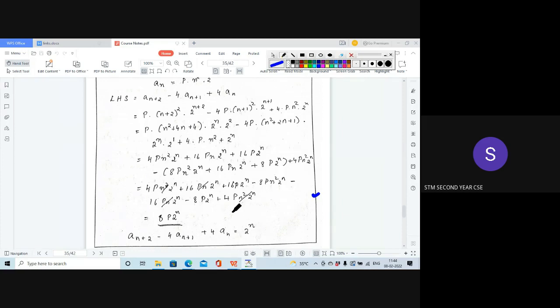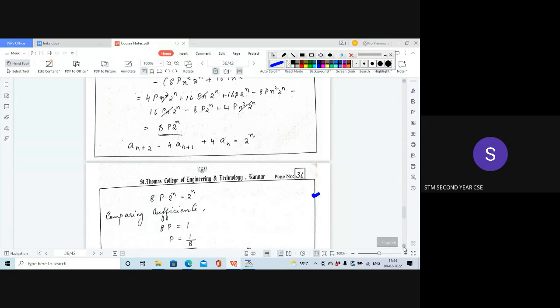Is it clear? So when you solve, try to solve it and finally get this answer. Then you will get LHS as 8p 2 raised to n, and your RHS is already 2 raised to n, isn't it? So LHS, when you solve, is 8p 2 raised to n, and that is equal to 2 raised to n on RHS.